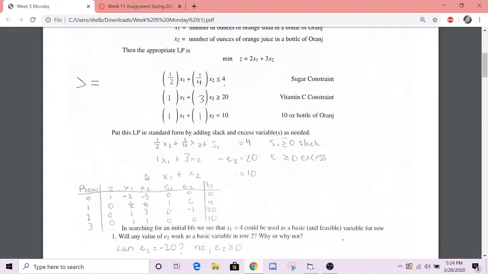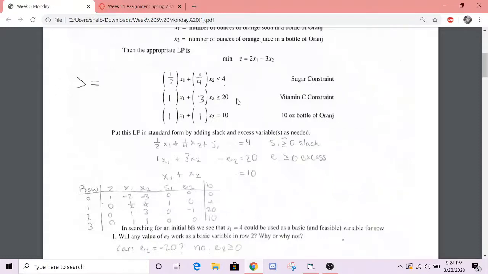So we do this the same way that we've been doing it in previous lessons before week 5. Whenever we have a less than or equal to constraint, we can add a slack variable and then make that equation equal to whatever's on the right hand side.